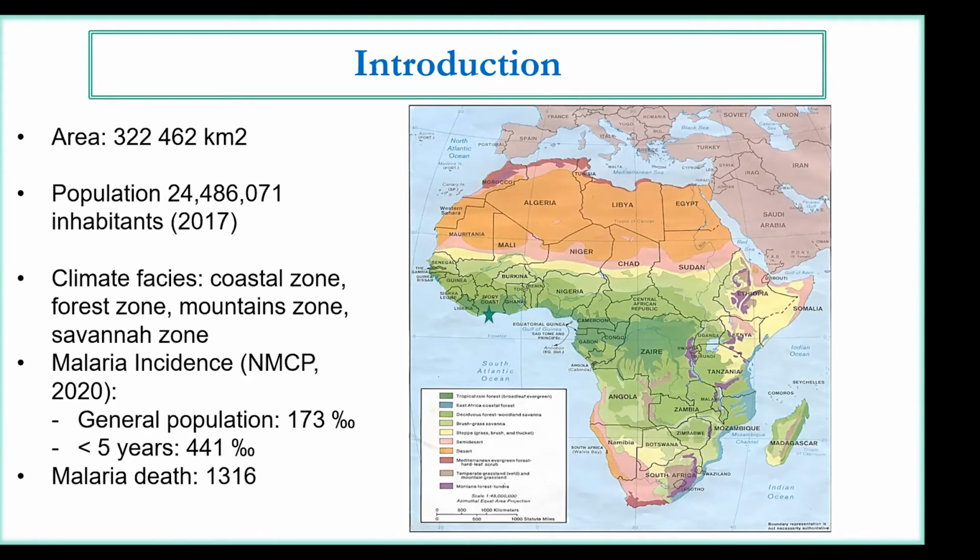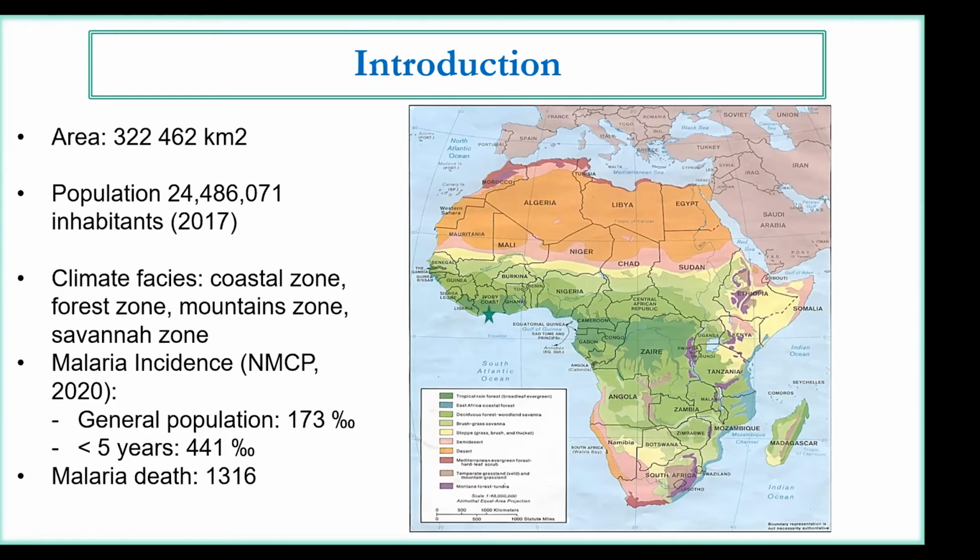As you can see on the map of Africa, Côte d'Ivoire is located in the west of Africa, and we share frontiers with countries like Mali, Burkina Faso, Ghana, and Liberia. Our area is less than 400,000 square kilometers, and the population is around 24 million.